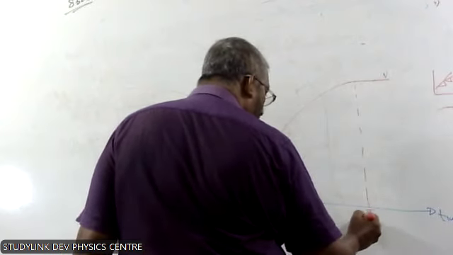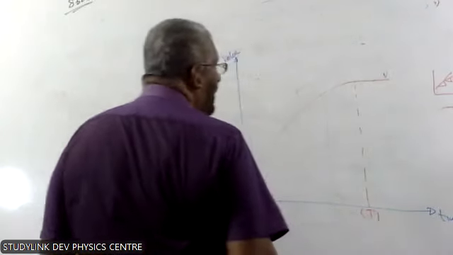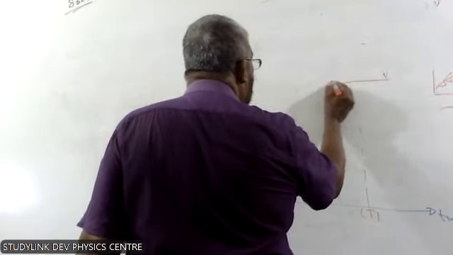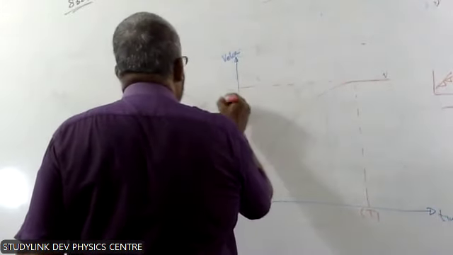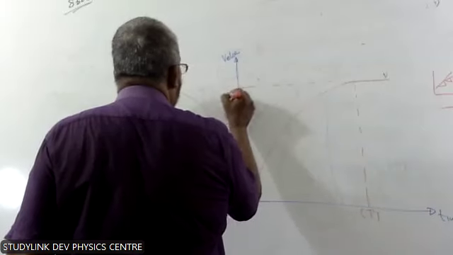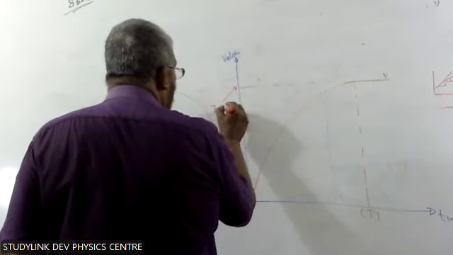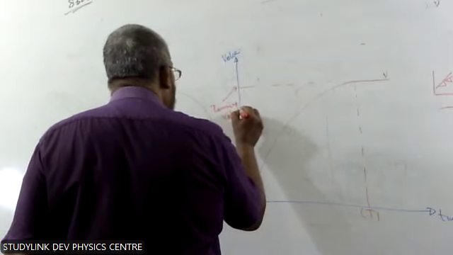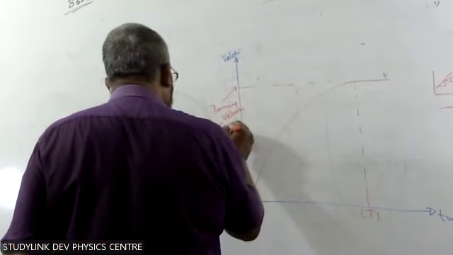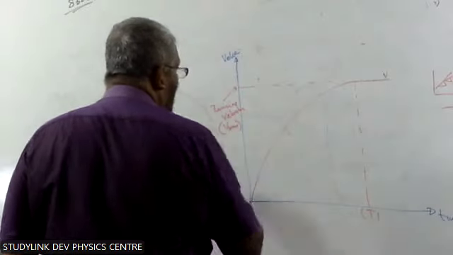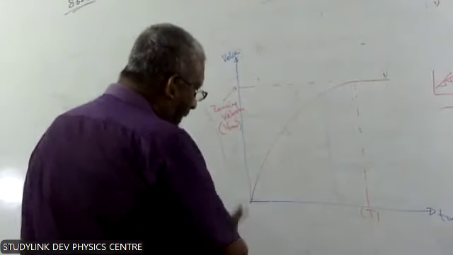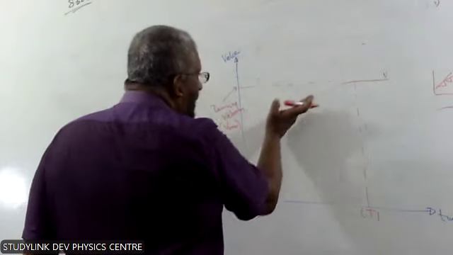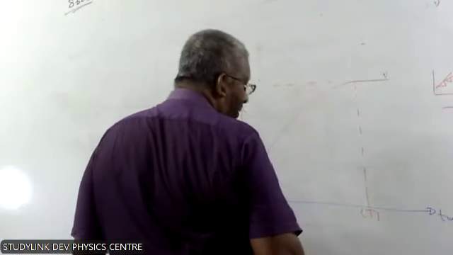We'll say this is the time t there. This is the terminal velocity, or Vmax. Until that, this gradient reduces.